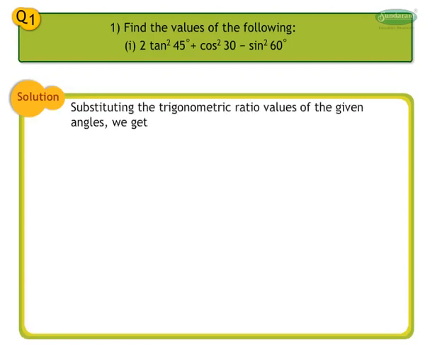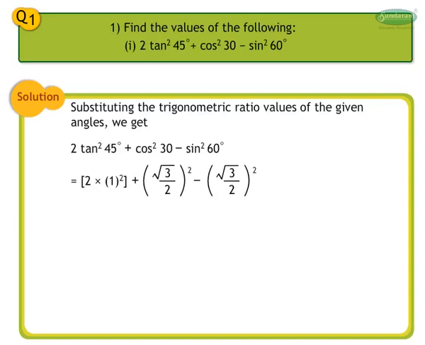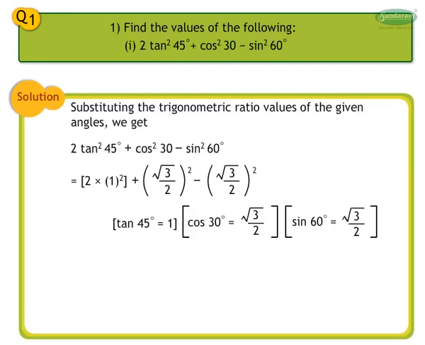Substituting the trigonometric ratio values of the given angles, we get 2 tan square 45 degree plus cos square 30 minus sin square 60 degree is equal to 2 into 1 square plus root 3 upon 2 the whole square minus root 3 upon 2 the whole square, as tan 45 is equal to 1, cos 30 is equal to root 3 upon 2 and sin 60 is equal to root 3 upon 2, is equal to 2 into 1 plus 3 upon 4 minus 3 upon 4 is equal to 2.